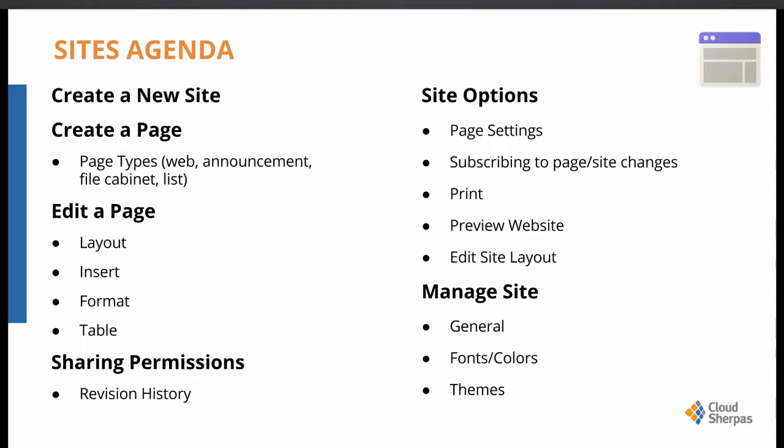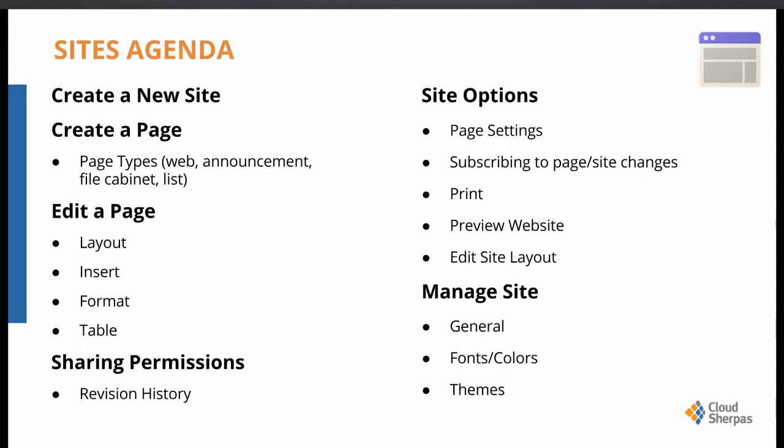Talk about the revision history for the site itself. Also, we'll get into some of the management features within sites, so with the page settings and subscribing to page or site changes, printing site pages, previewing your website, editing the actual layout of the site, and then some general management components where you can change the fonts and colors, some of the fun stuff like the themes as well.